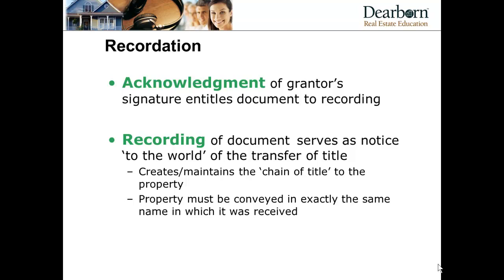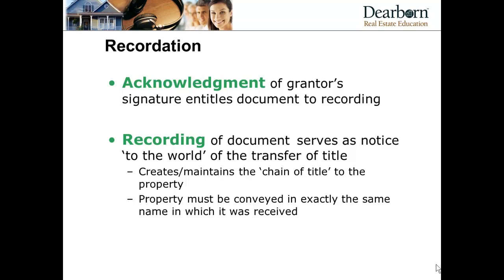So now the next slide, titled Recordation, means recording the deed, and this typically is done, although as you'll see, it's not a requirement for the deed to be valid. The acknowledgement is the process where the grantor, the person transferring the property's signature, is validated.